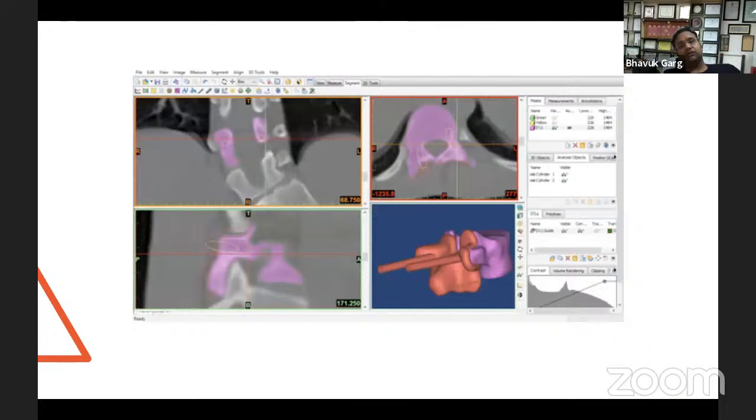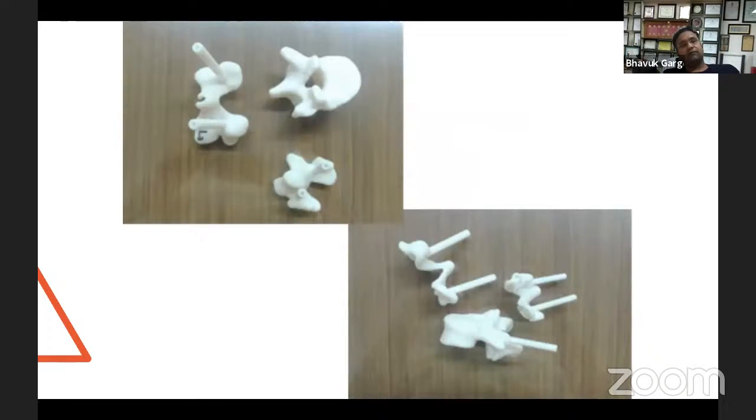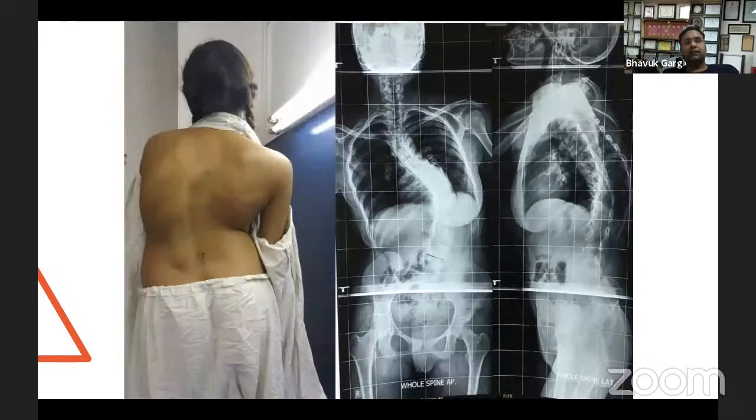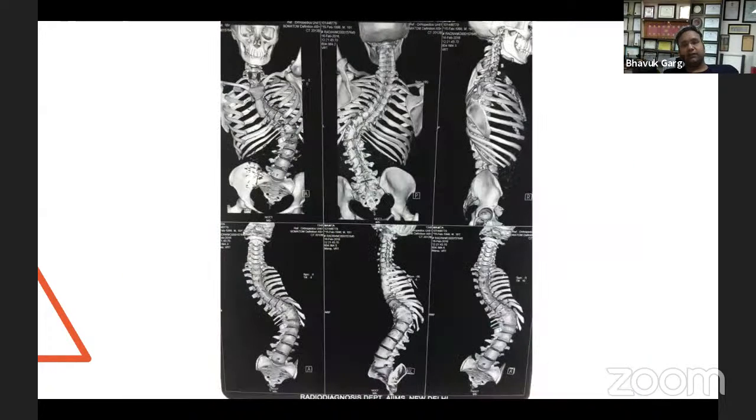We place these jigs on these virtual models, and then we confirm their validity. And once we have confirmed their validity, we print them, and then we again check their validity on a physical model. And then once we have confirmed their validity, we are ready for the surgery. This is a case of congenital scoliosis, and you can see that there are multiple fusion anomalies.